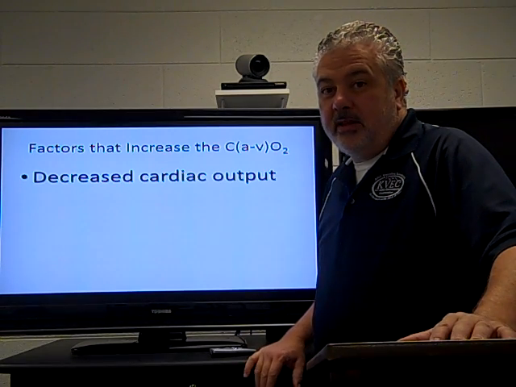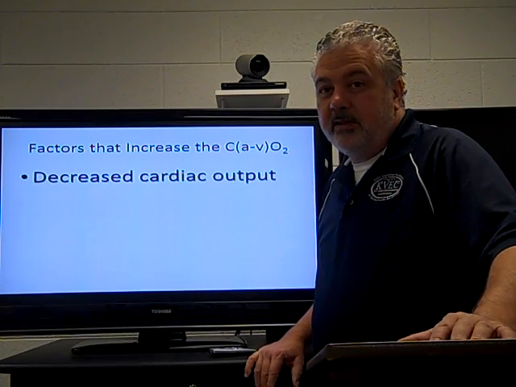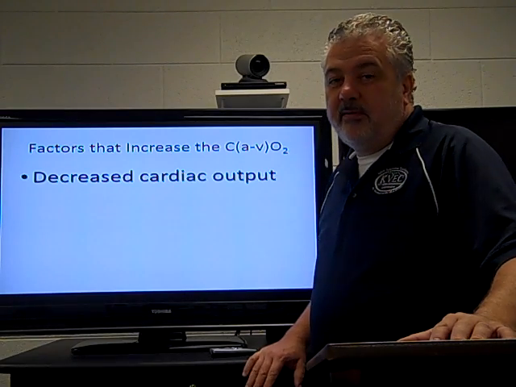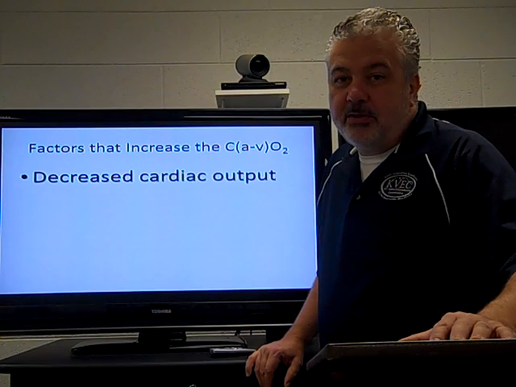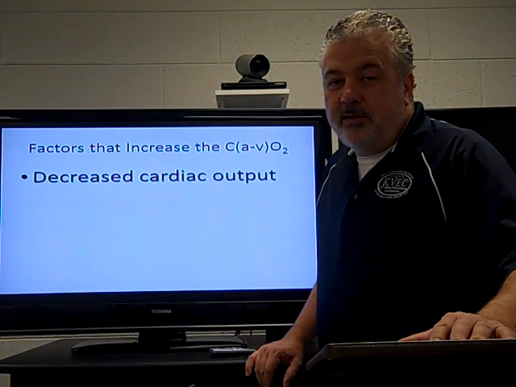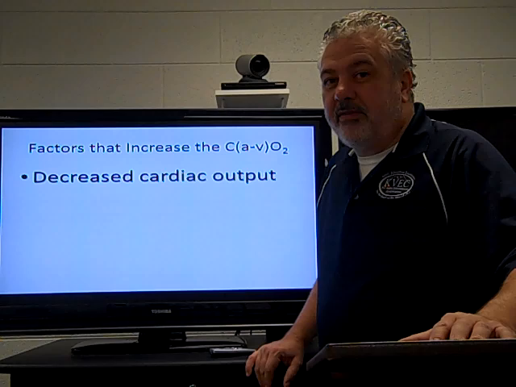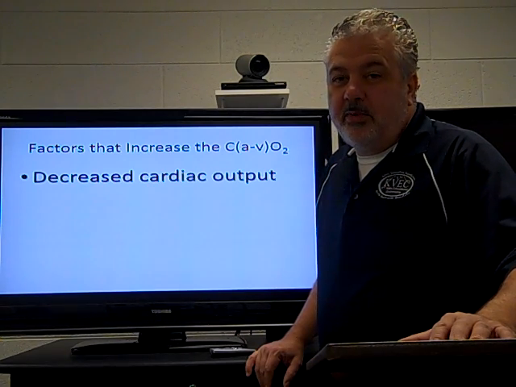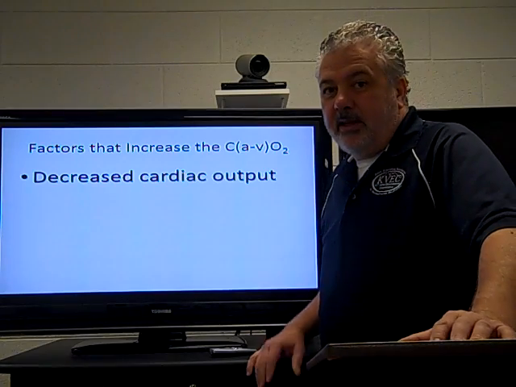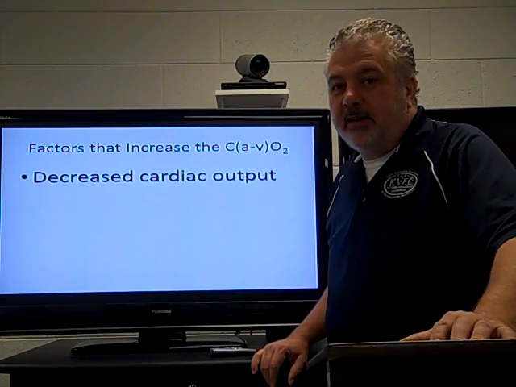That's one of the main things I would think of. An example would be if the CaVO2 started out at 5 volume percent, which is normal, then went to 6.2 and then 8.5. That's telling me that the cardiac output is decreasing, and that's the most likely scenario.